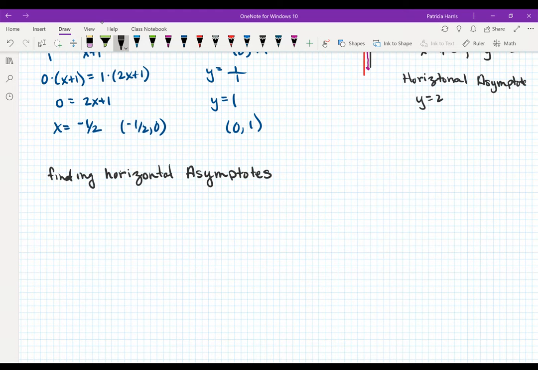Okay, so what you do is you look at the degree of the numerator and denominator.